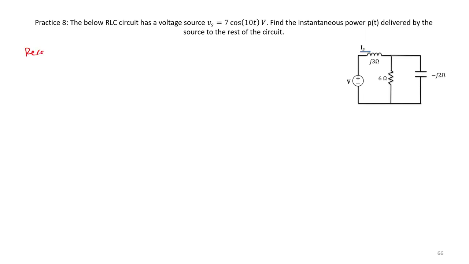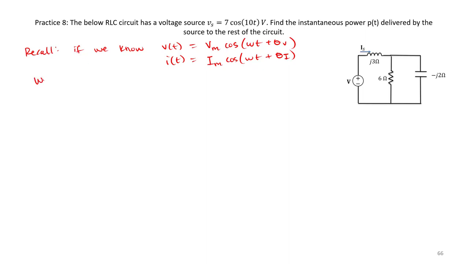So remember, if we know that our voltage is some value, and if we know our current is some magnitude with a given frequency and phase angle, we can plug Vm, Im, theta V, and theta I into our toolbox equation.